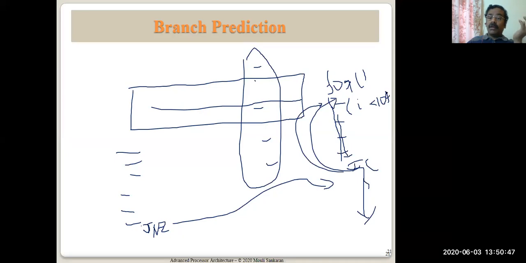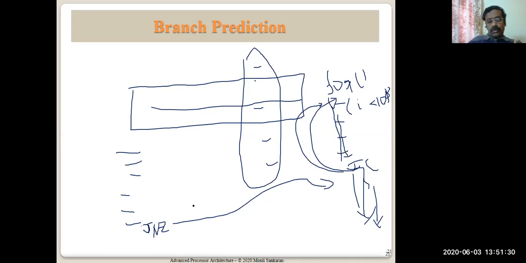Suppose I have a loop for 1000. 1000 times I will be going back, and at the end of the for loop, I will come out and execute the instruction below. So there is a 1 by 1000 probability that I come down, and the majority of the time I am going to go back, 999 times out of 1000. So the probability is higher for going back than coming down.